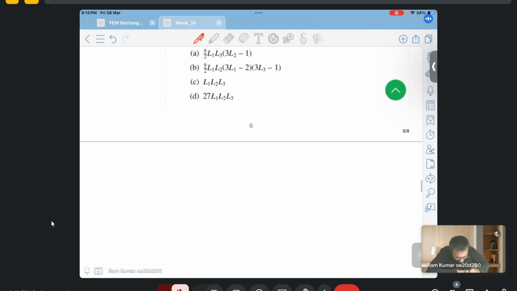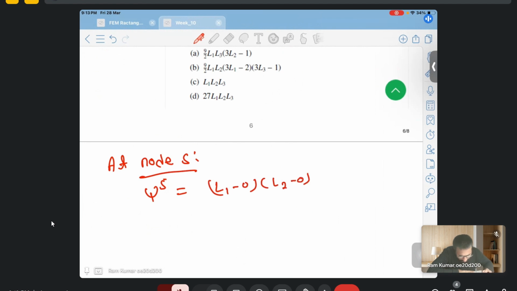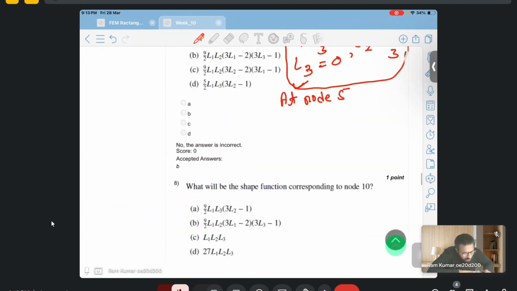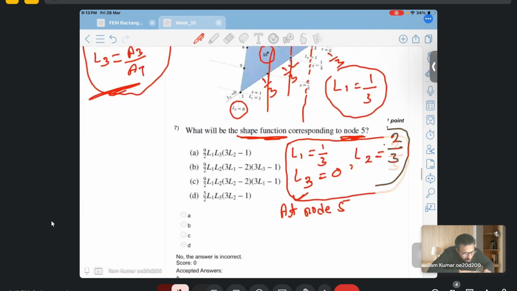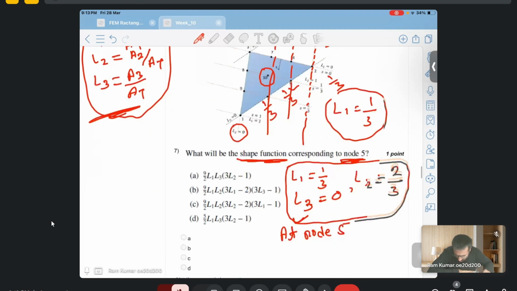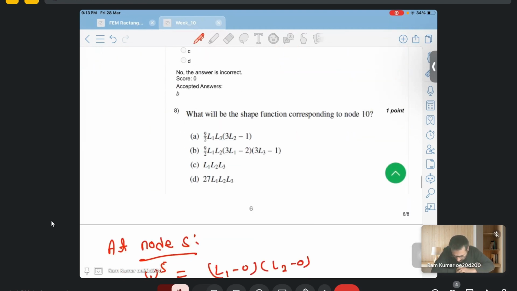At node 5, we have psi 5 equal to L1 minus 0, then L2 minus 0, then L2 minus 1 by 3.